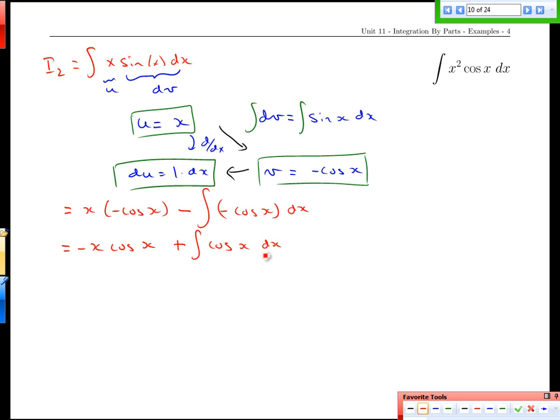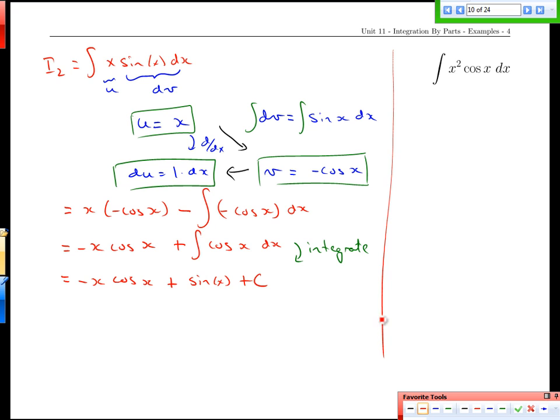And this we can actually evaluate. What do we differentiate to get cos? We differentiate sine. So at the end of the day, this will be negative x cos of x plus sine x plus a constant. All of this is just the I2 integral.